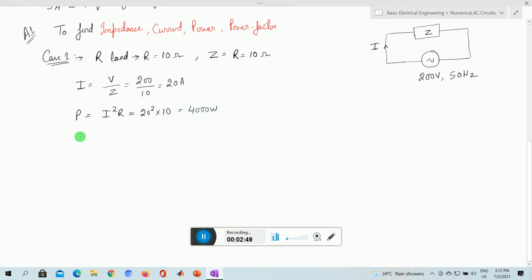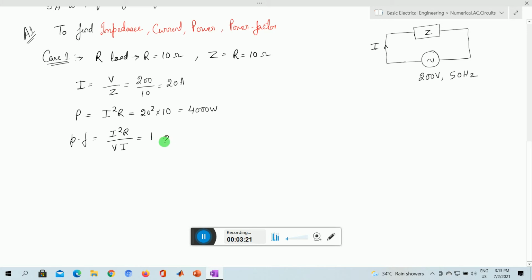And the power factor is 1 here. You can write it as I square R, the power dissipated in the resistor, divided by the supply power, that is VI. These two are equal, so this is equal to 1.